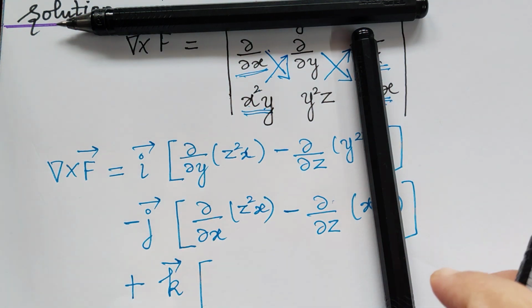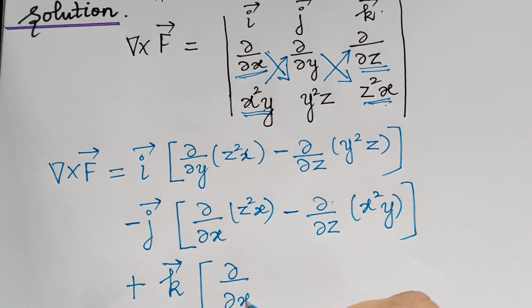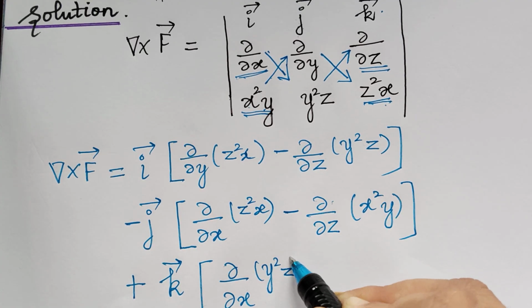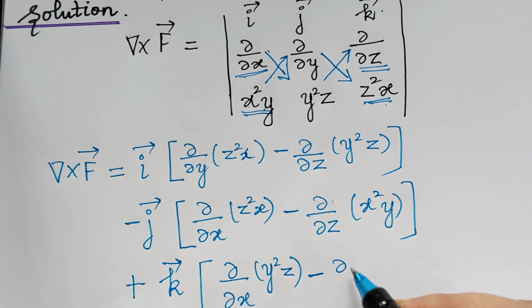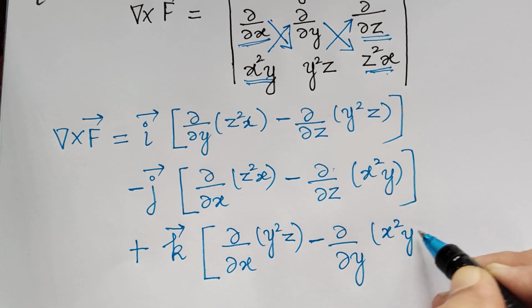So we write that: ∂/∂x of y squared z minus ∂/∂y of x squared y.